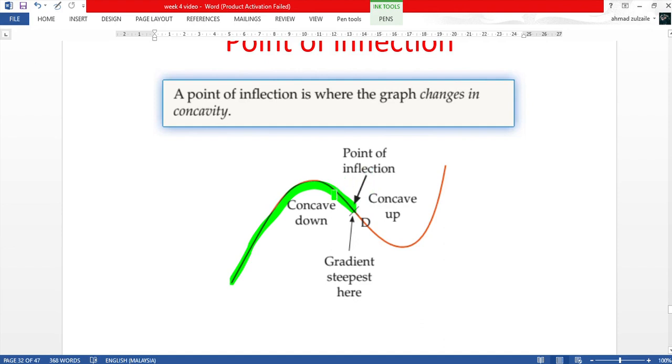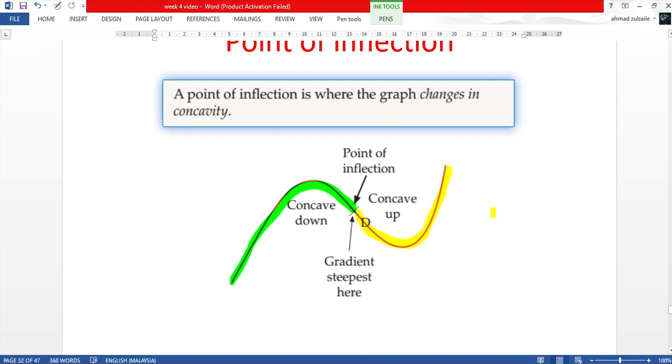Actually the gradient steepness starts to change, from more negative to less negative, because this is a negative gradient. So in between concave up and concave down, there is a point of inflection.